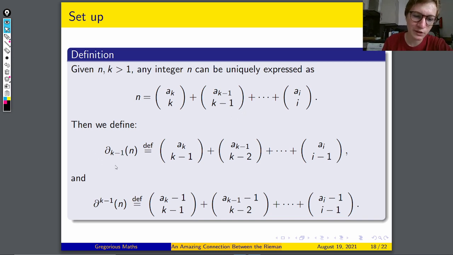Then what we do is we define the following two functions as follows. They are slightly shifted versions of these sums. For this one, you shift the bottom part of this binomial coefficient, and for the top one, you shift both the top and the bottom.